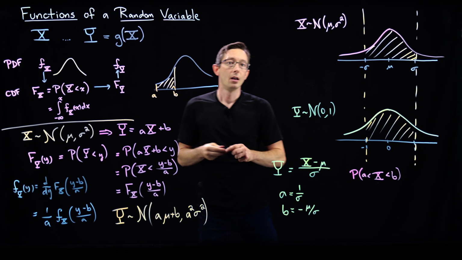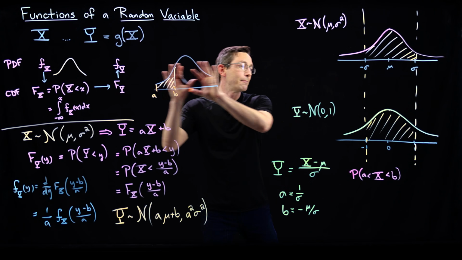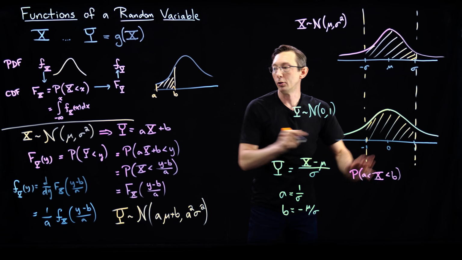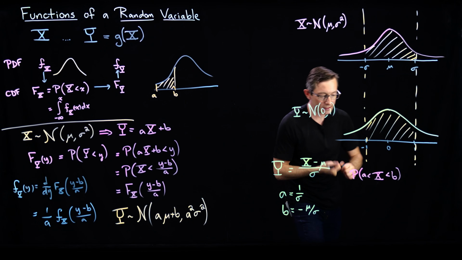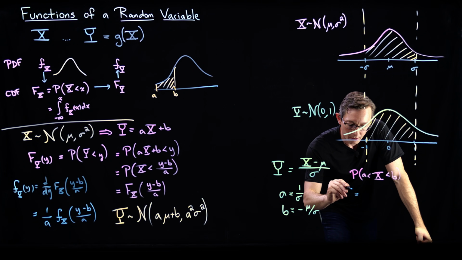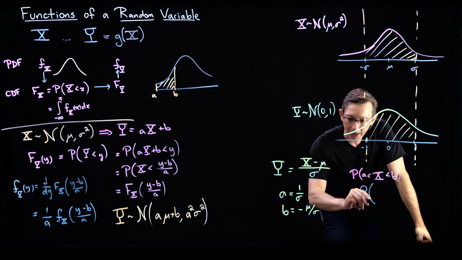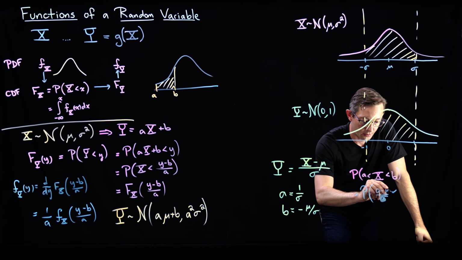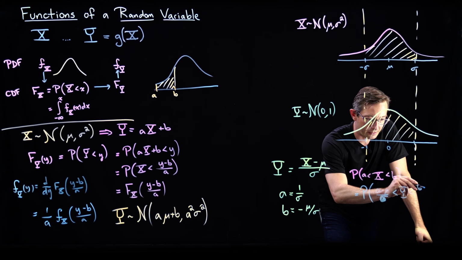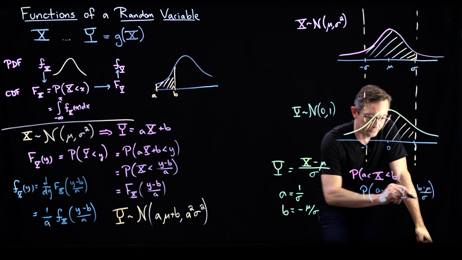What I want to do then is map it to the standard unit normal where I can compute the probabilities more easily. So this is going to equal the probability that my y variable is greater than A minus mu over sigma, and that it's less than B minus mu over sigma.